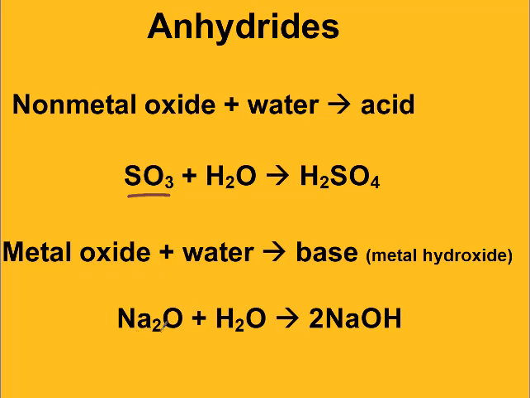Because when you put a metal oxide in water, it's ionic, it's going to break up into sodium and oxygen ions, and that oxygen ion is going to attract the hydrogen in water to make hydroxide ions, which then can combine with the metal ions. So nonmetal oxides, when placed in water, will make acids. Metal oxides in water will make bases.